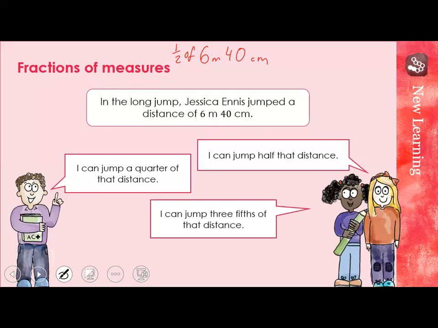We're not going to worry too much about units for now, but I just want you to understand what the questions are asking you to do. For example, this one said I can jump 3/5 of it. So you're being asked to find 3/5 of 6 meters, 40 centimeters, and so on.